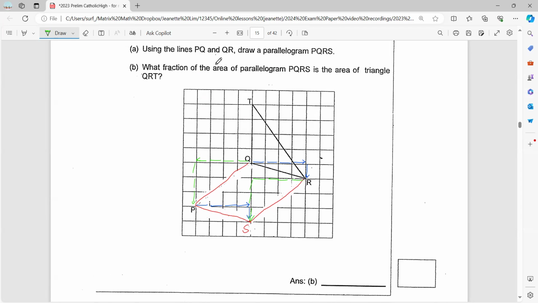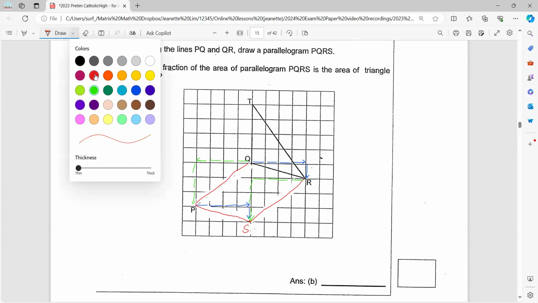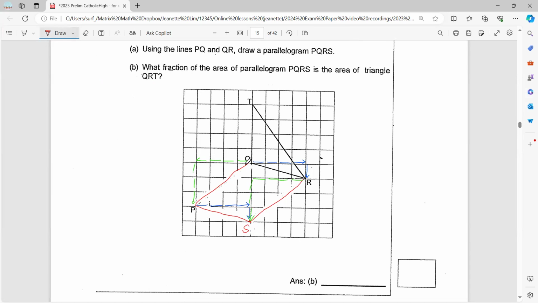Oh, for part B, what fraction of the area of this parallelogram is the area of triangle QRT? Okay, so what is the area of QRT? The base is 4 units, and the height is 4 units.